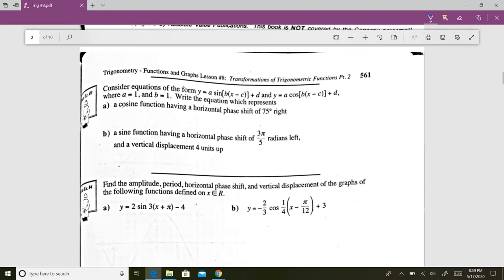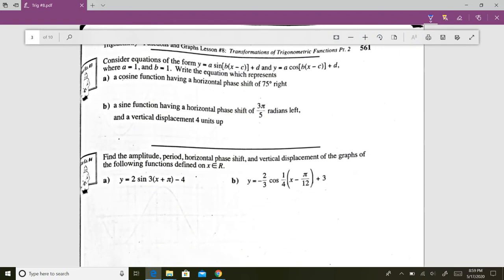Normally I would say no to those tables, but obviously you have them in your books, so use them on the assignments. Consider equations of the form y = a cos(b(x - c)) + d. Write a cosine function having a horizontal phase shift 75 degrees right.